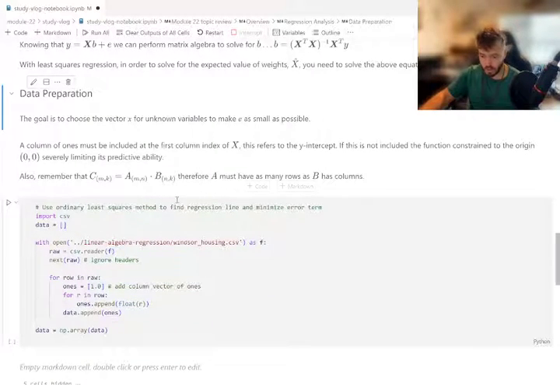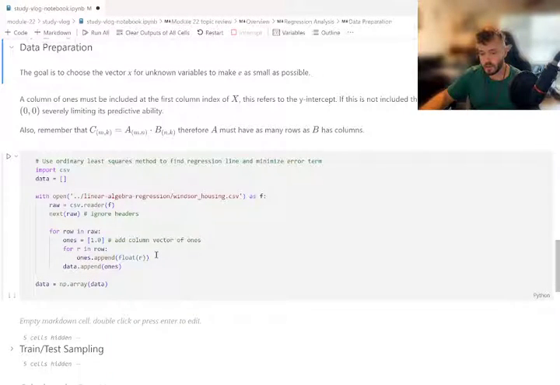Okay. So the first thing we're going to do is import the data. When we're doing matrix algebra, or when we're doing ordinary least squares, we need to add a column to our input matrix to represent the intercept.